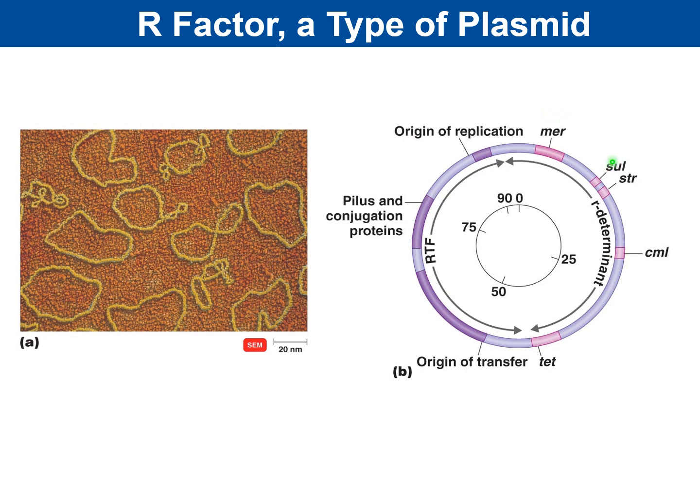We can see genes for things like sulfonamide drugs, sulfa drugs, which are a major class of antibiotics. Streptomycin, a different type of antibiotic. CML is for chloramphenicol. And so here we have a whole portion of the R plasmid that has a cassette of antibiotic resistance genes. TET, that's for tetracycline down here.